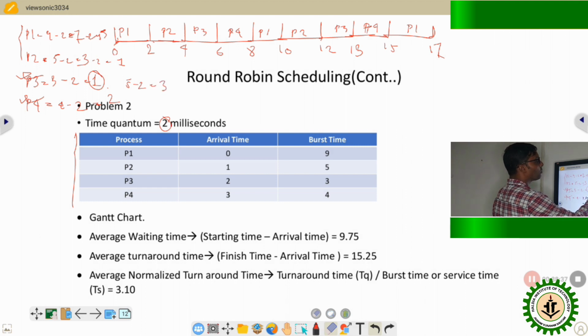So the process P1, P2, P3, P2 completes its execution. P3 only. Is it correct? P1, P2, P3, P4. Again P1 gets its chance. I'm writing once more.